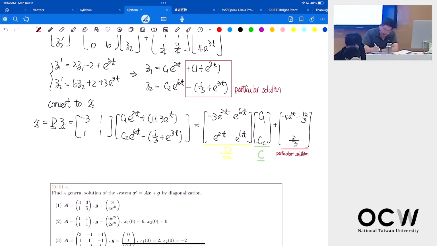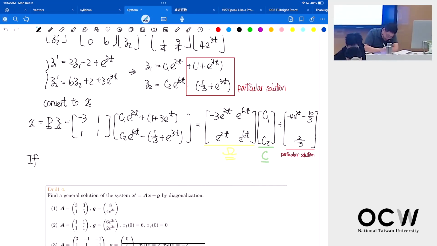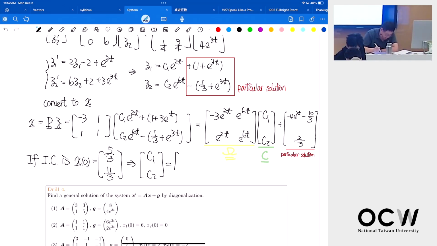Then how do I determine the constant c? If I have an initial condition, like 5 over 3 or 11 over 3, then I can get C1, C2 as here.